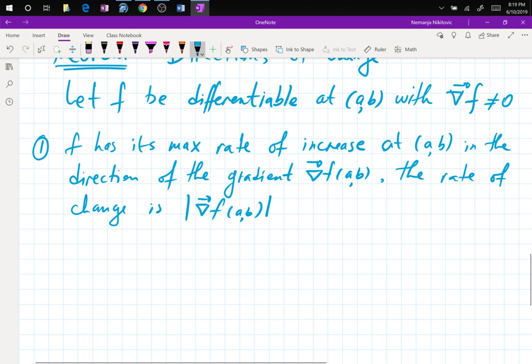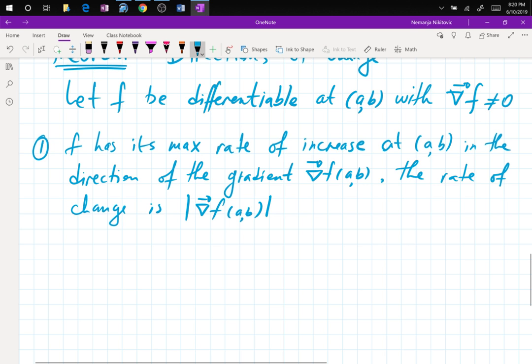So let's understand this. What I have here is a surface that has the domain on the floor. I pick an AB xy point on the floor, which shoots straight up to give me some z somewhere on the surface.